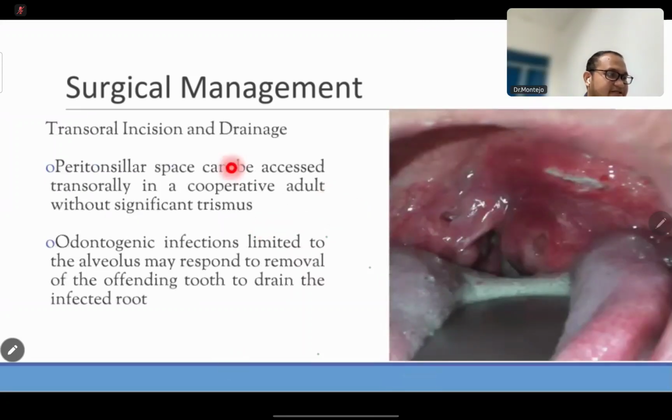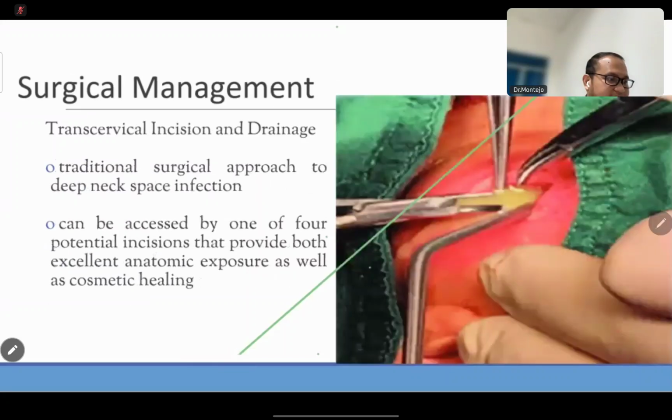Another one would be transoral incision and drainage, for peritonsillar abscess and even floor of the mouth abscesses. However, this can't be done in pediatric patients who are awake. For awake cases, intraoral can be done for adults only. Sometimes if you have odontogenic infections, for your alveolus, you can also do intraoral.